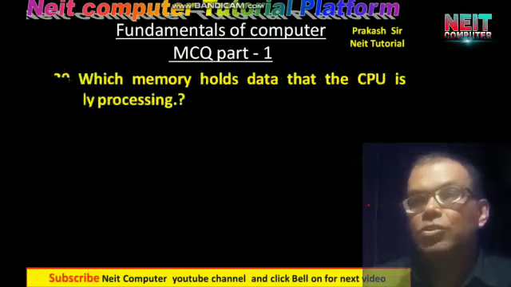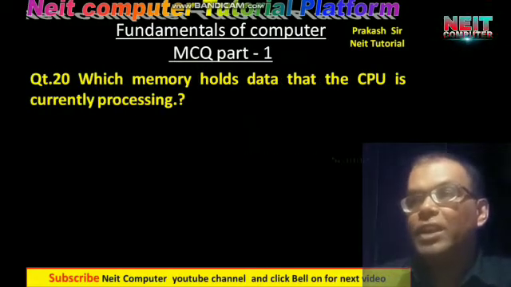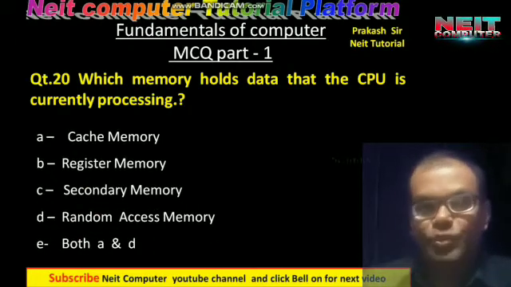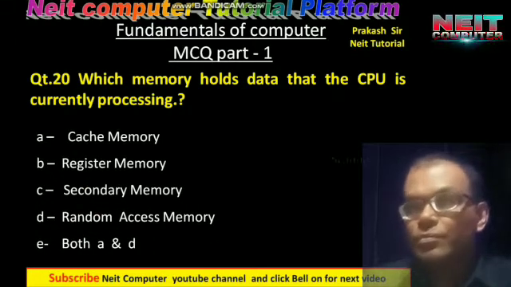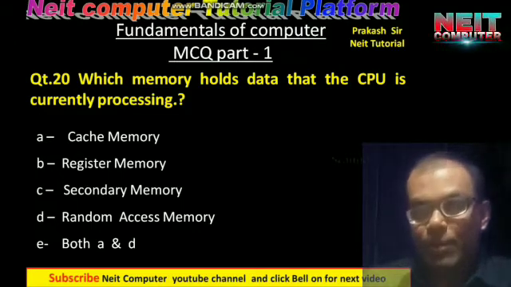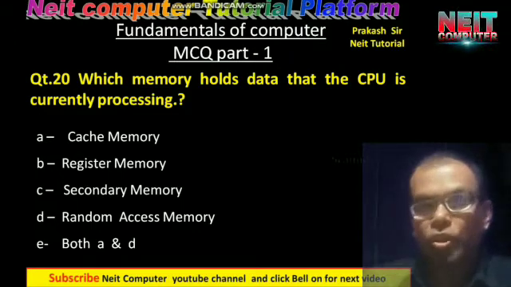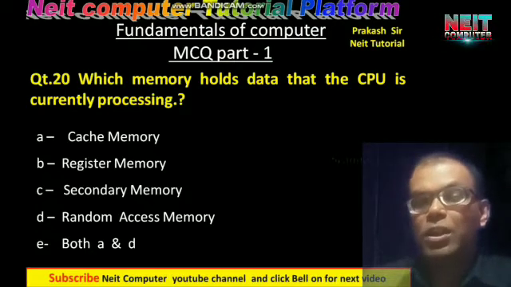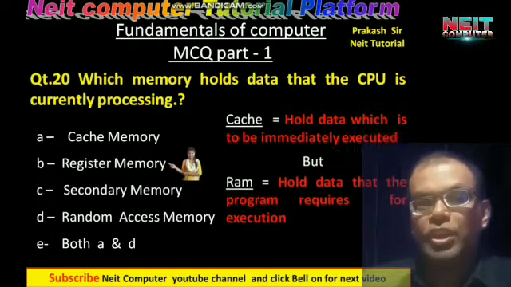The next question is, which memory holds data that the CPU is currently processing? This is a very beautiful question. Data processing करथिला बेले को मेमोरी डाटा होल्ड करे? कैच मेमोरी, register memory, secondary memory and random access memory, or both A and D?